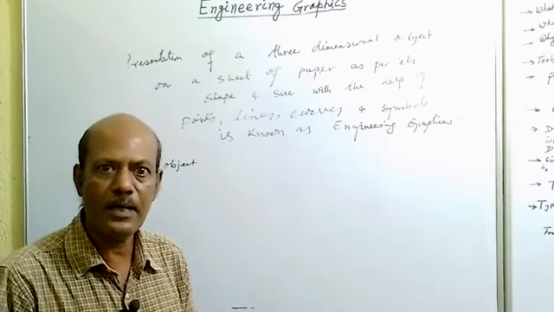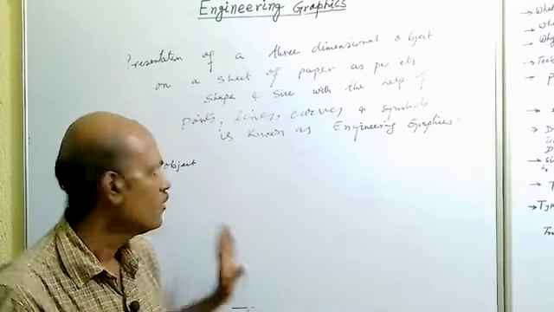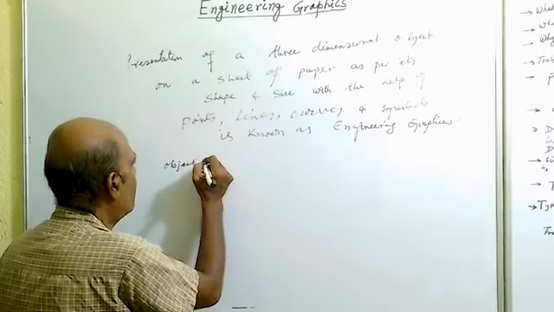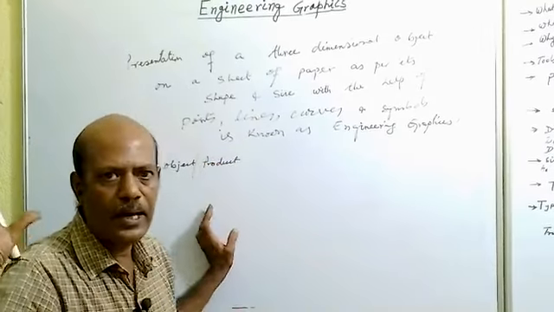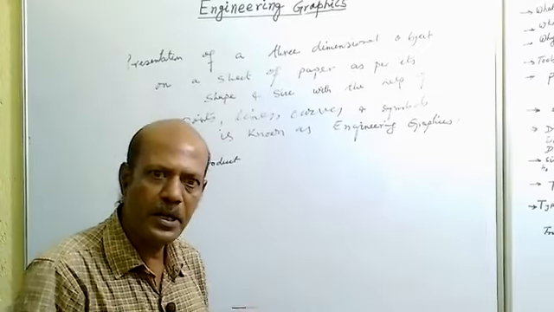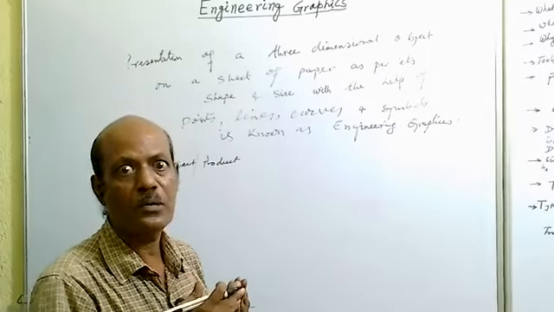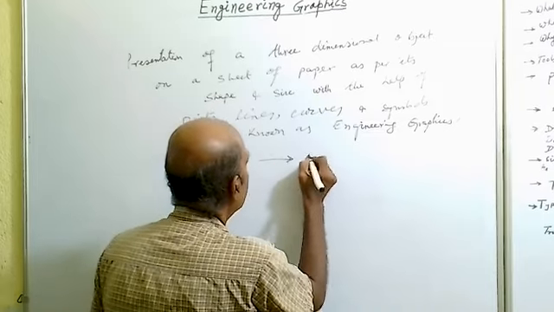It may be some engineer or some designer or some other person. So every object, or you can say a product, is an idea conceived by some engineer or designer, and then that idea is transferred to another mind with the help of engineering graphics.